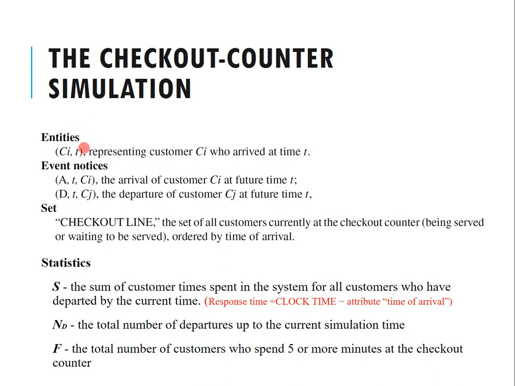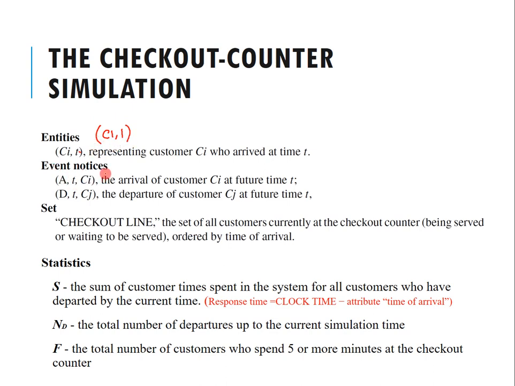We assign T, meaning the arrival time of that customer. For example, if we have C1, 1, it means customer 1 arrived in the system at time 1.